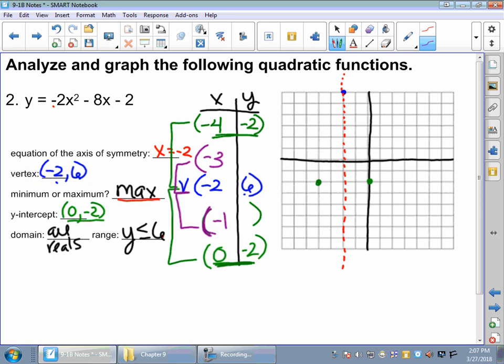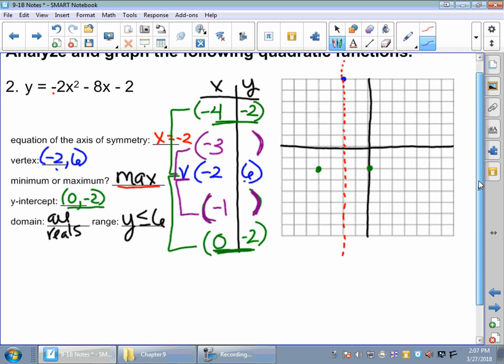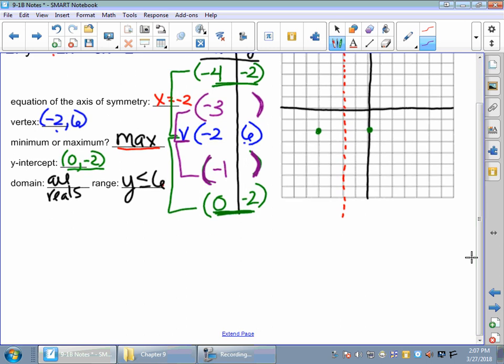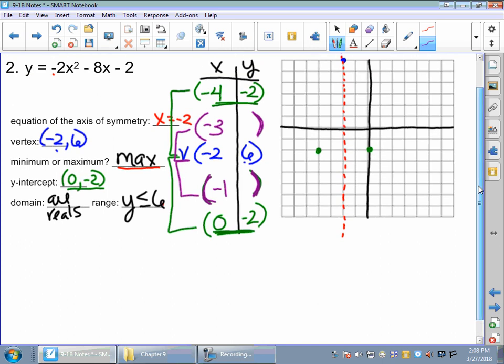So because these 2 points are the same exact units away from the vertex, they will be symmetrical. So when I calculate them, I only have to calculate using either -3 or -1. I don't have to do 2 separate points. So symmetry is nice because I know we need 5 points to graph, but I'm really only plugging in 1 if I use my y-intercept. So looking at those 2, I'd rather use -1 because it's just easier to calculate with.